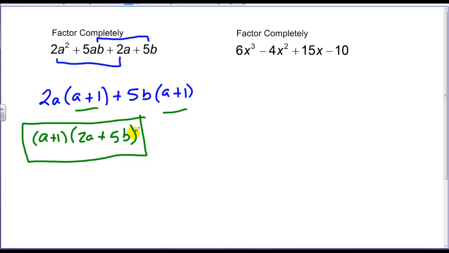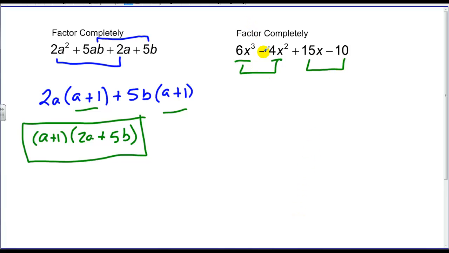Next, we'll see that we have two terms here that appear to have x's in common. And then there's a 6 and a 4, which also has a factor in common. So I'm going to group these two here. And then I have a 15 and a 10, which we know has a factor in common.